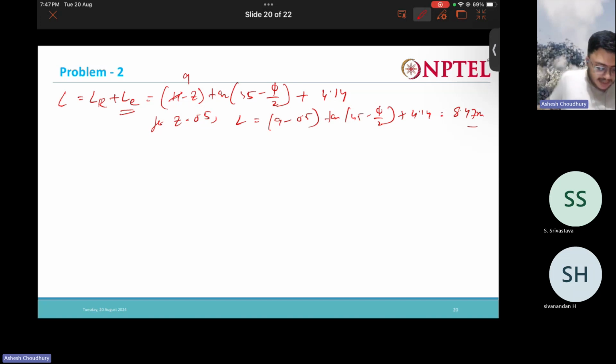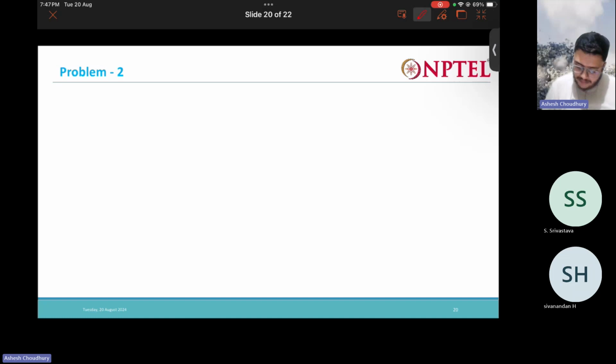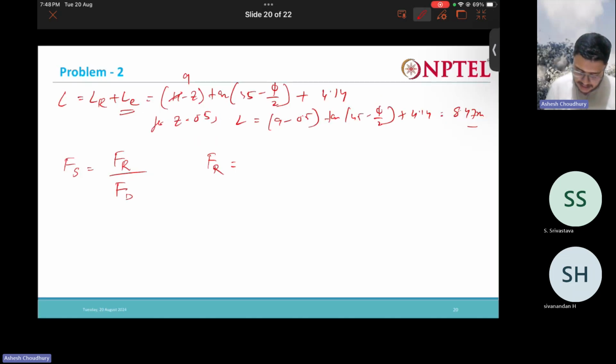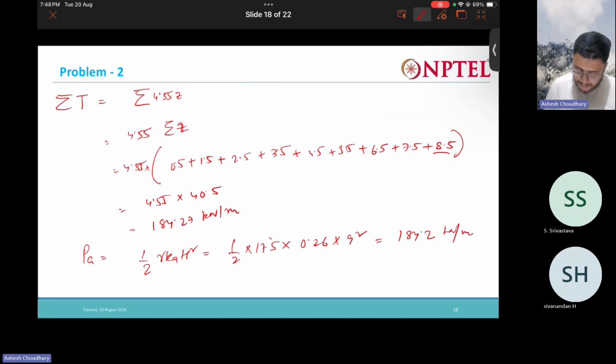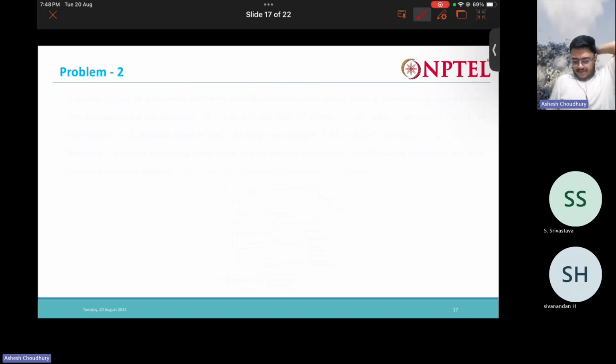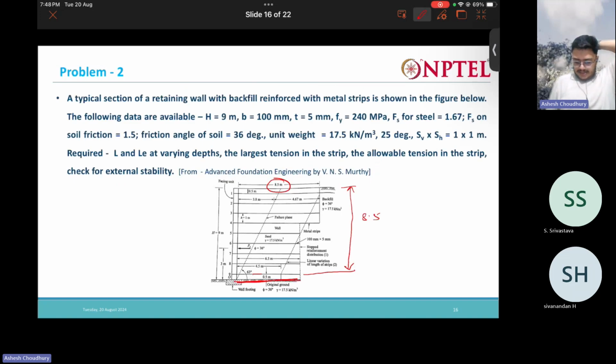Okay, so done. The next thing that you have to do is the sliding check and all this stuff. Now, what is factor of safety against sliding? Factor of safety resisting by factor of safety disturbing. The resisting force is nothing but the frictional resistance at the base, at this interface.